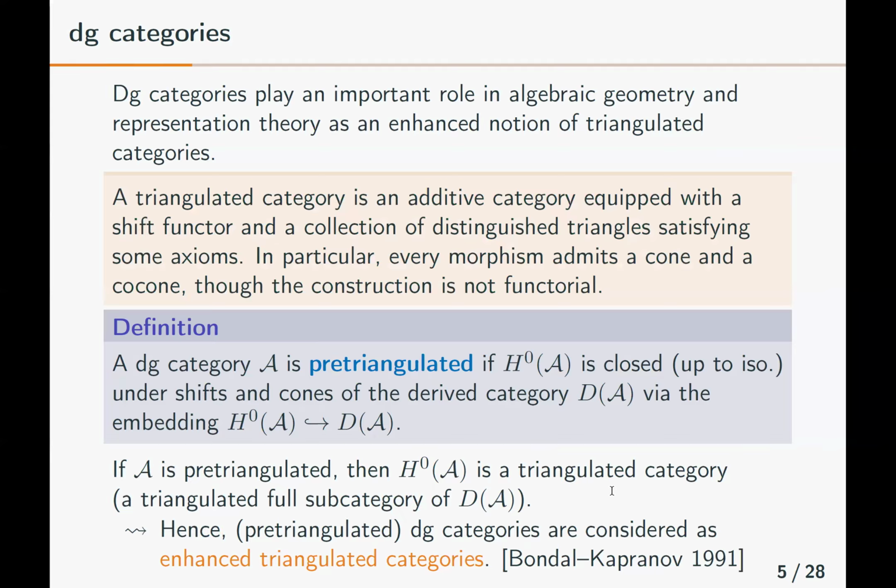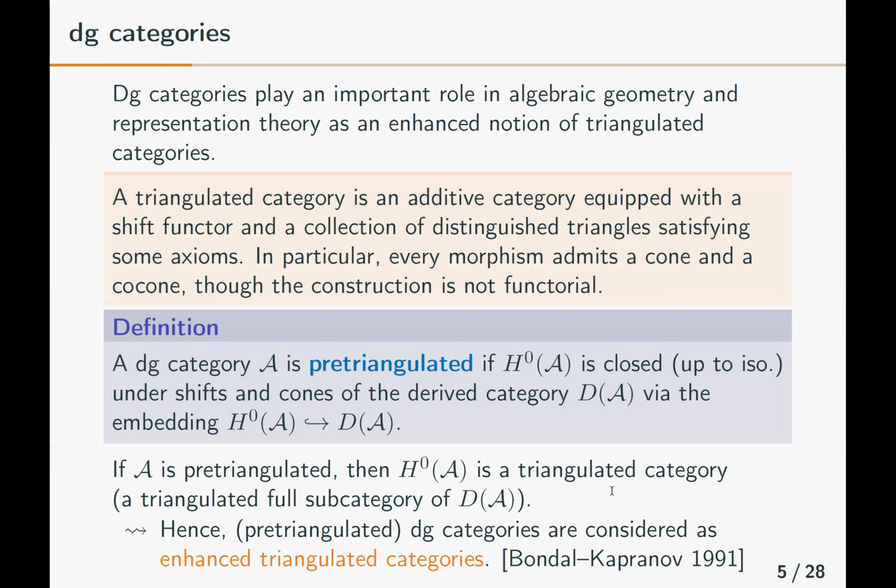DG categories play a central role in algebraic geometry and representation theory because they provide enhancements of triangulated categories. A triangulated category is an additive category equipped with a shift functor and a collection of distinguished triangles satisfying some axioms.